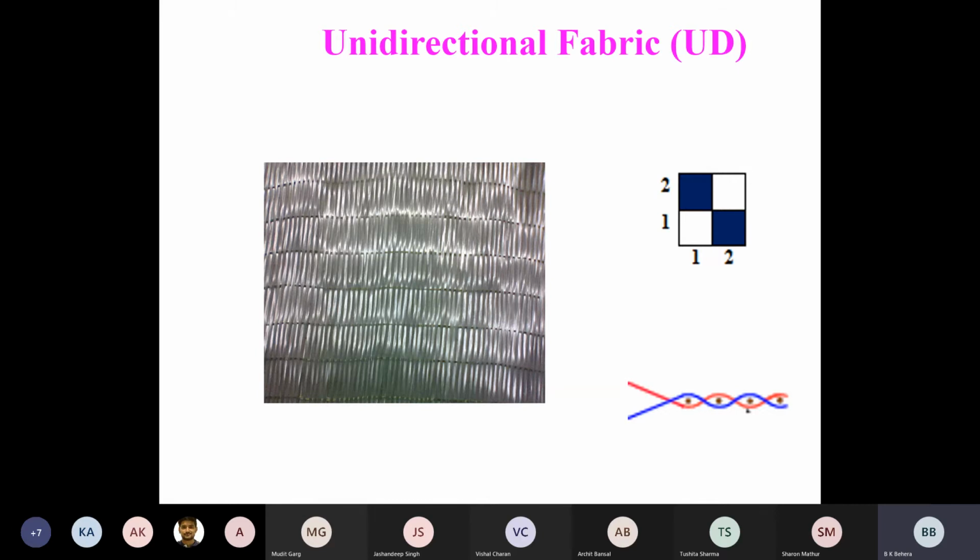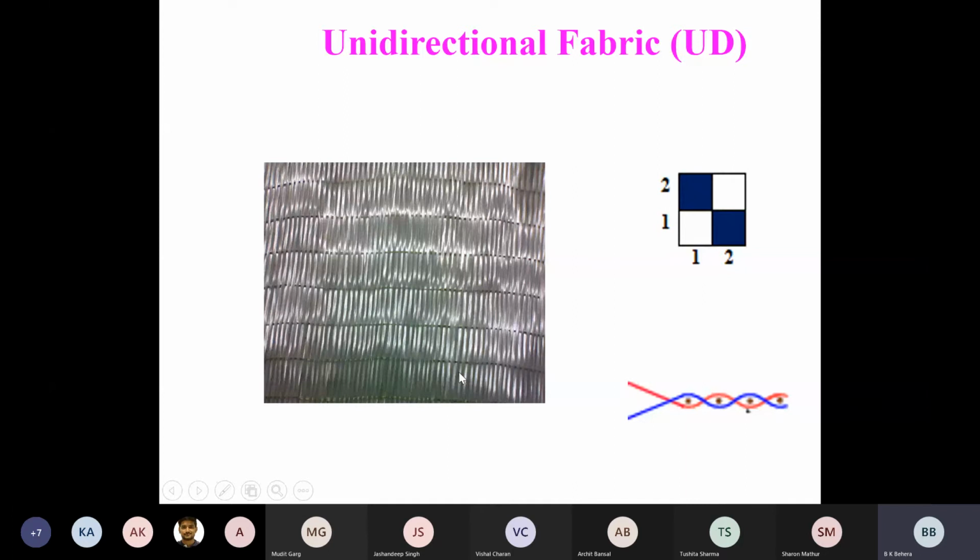This is UD. You can see why we are calling it UD. We have some yarns in this cross direction, but if 100% of the yarns were only in this direction, you cannot make a fabric. We need some thread in the cross direction to hold this structure, but they are very insignificant, very small in thickness and also very small in frequency.